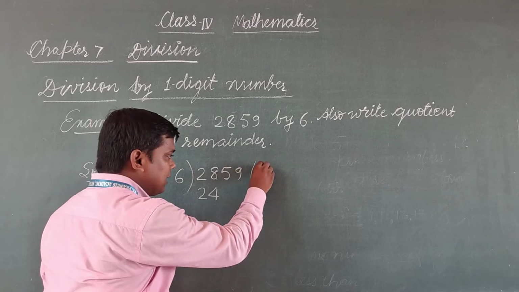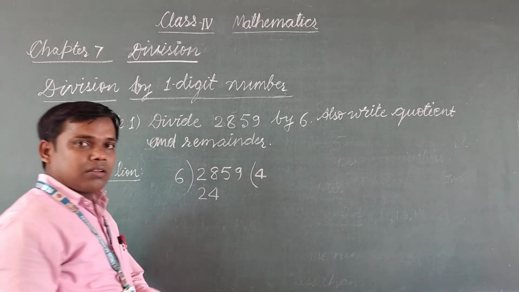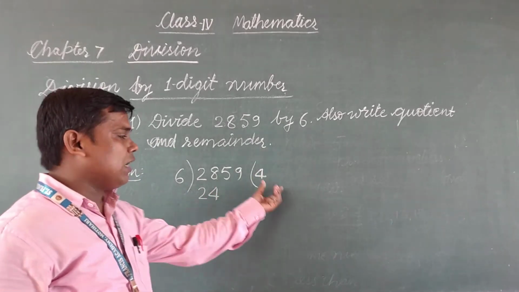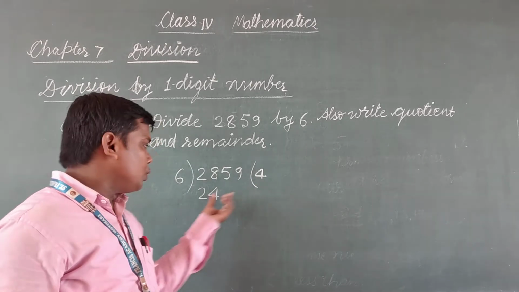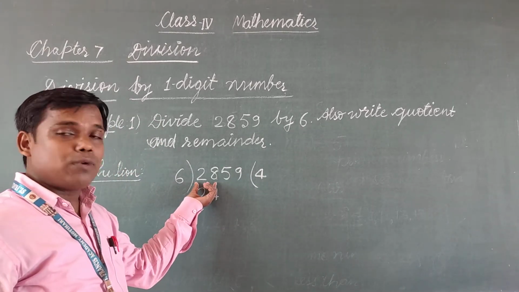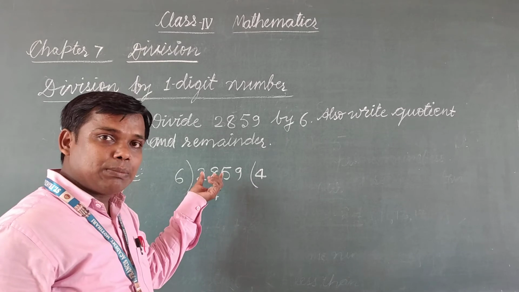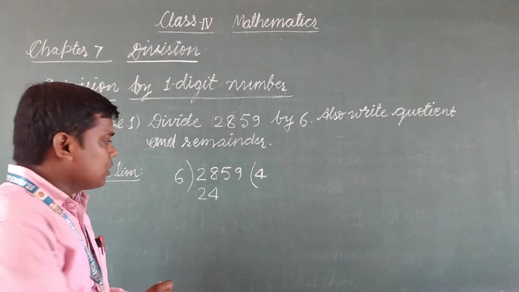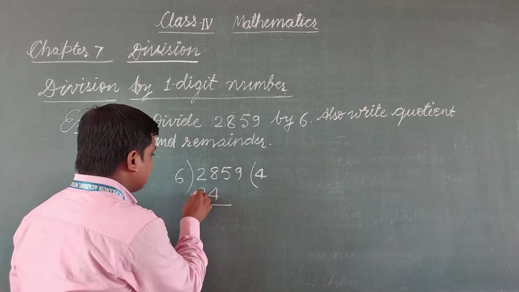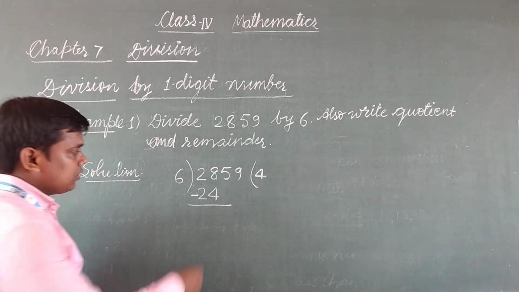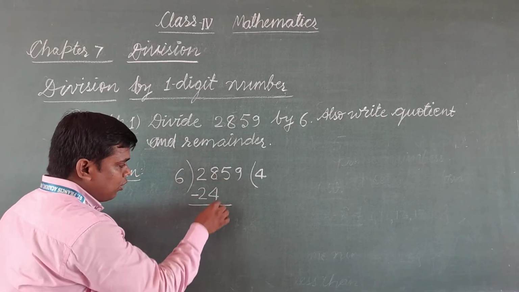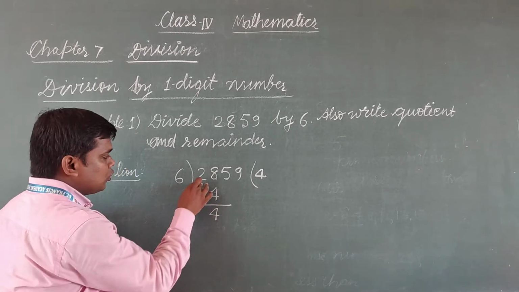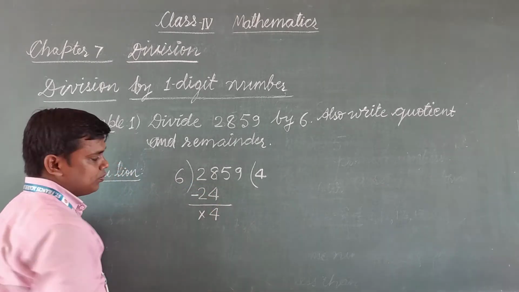If we are taking number 30, that is 6 5s are 30, that will be greater than 28. We have not to take number greater than this, we have to take number less than or equal to this 28. So here 24, and then we will subtract. 8 minus 4, 4. 2 minus 2, 0. That is cancelled.